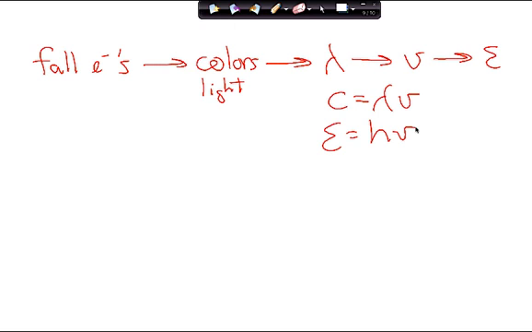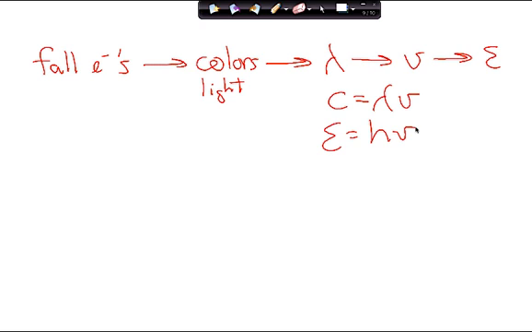So the idea is falling electrons release light. We know qualitatively the length of the fall by the color of light. The longer the fall, the more violet the light. The shorter the fall, the more red the light. But color of light is actually a function of wavelength, which is a related function to frequency. But frequencies we can convert into energies. Does that logic make sense?